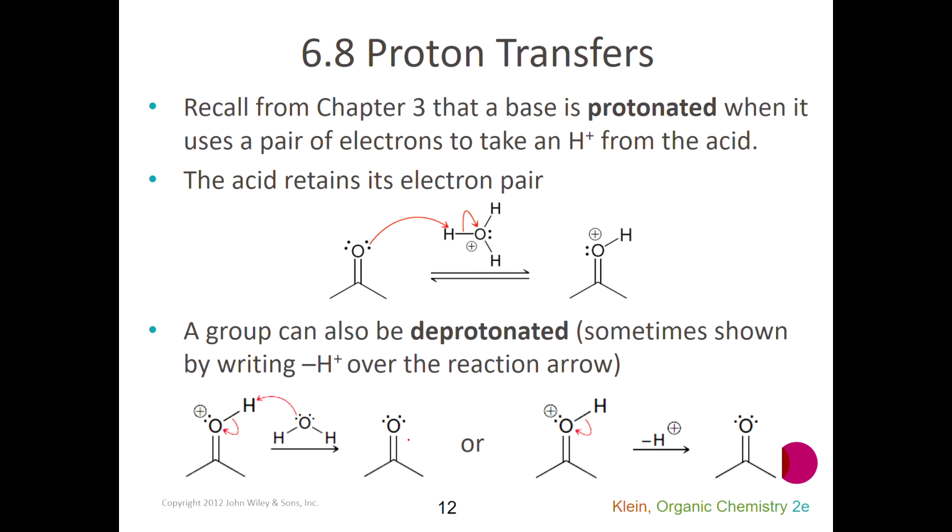So we talked about proton transfer a lot in chapter 3. Proton is simply a hydrogen's nucleus, so proton transfer is a Bronsted acid-base reaction. The Bronsted base uses a lone pair to pick up a proton. So this is very similar to a nucleophilic attack. That's why a Bronsted base and a Lewis base, which is a nucleophile, have a lot in common.